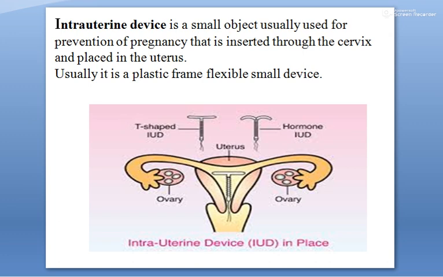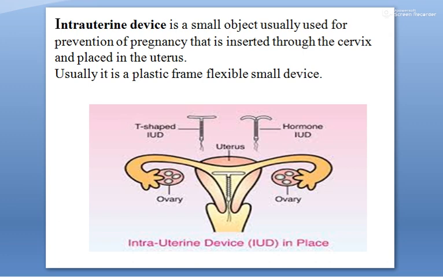Basically, this is a small object or device usually used for prevention of pregnancy that is inserted through the cervix and placed in the uterus. Usually it is a flexible plastic-framed small device.